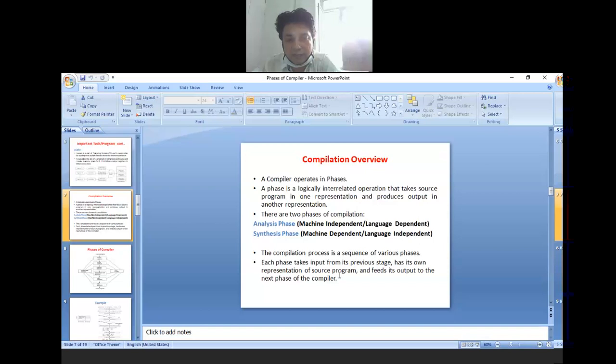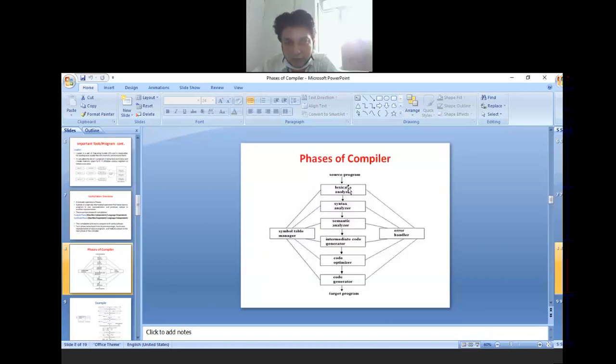So you can see that the output of the lexical analyzer acts as the input to the syntax analyzer, in the same way the output of the syntax analyzer acts as the input to the semantic analyzer, and so on. You can see that all the phases are connected to the symbol table manager, and also all the phases are connected to the error handler.